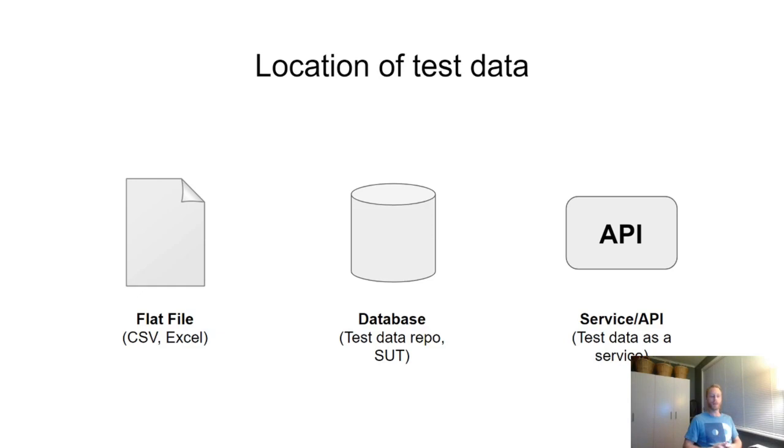And there is another option where you may call an API during your test to dynamically retrieve test data or get it generated for you. I guess you could say that's test data as a service. It's another way of doing things. I haven't used that often, only to generate security tokens. I think that's the only time that I've used that approach, but it's a good one if you can get it working.